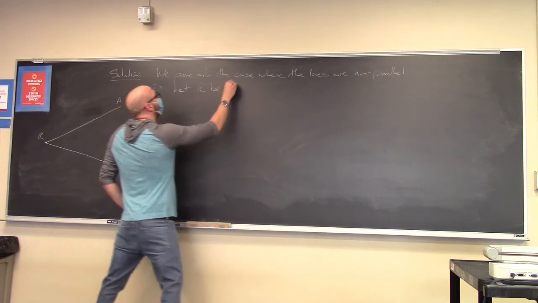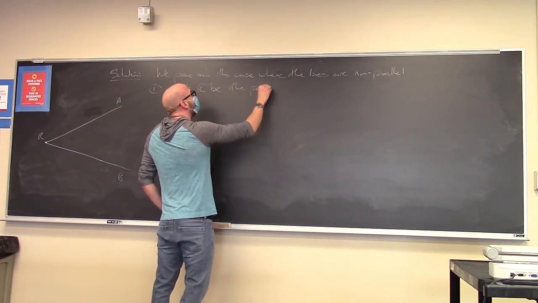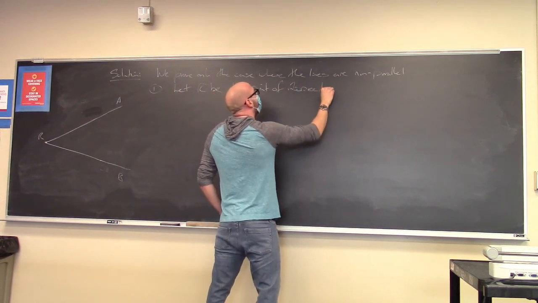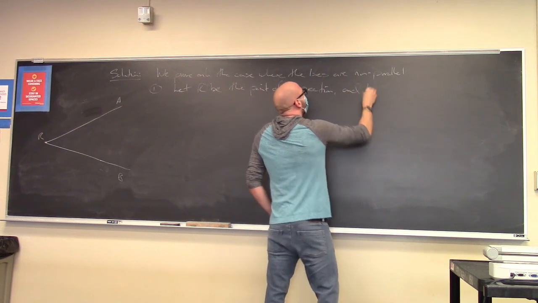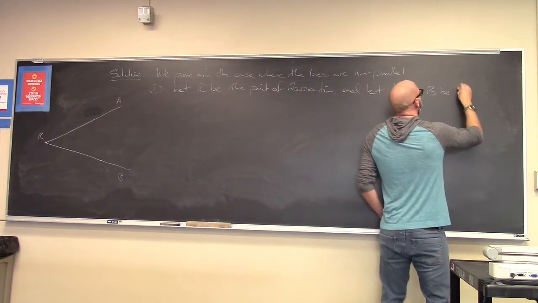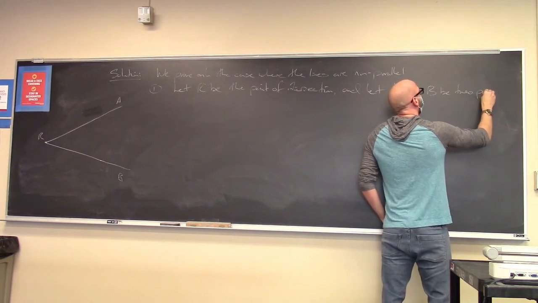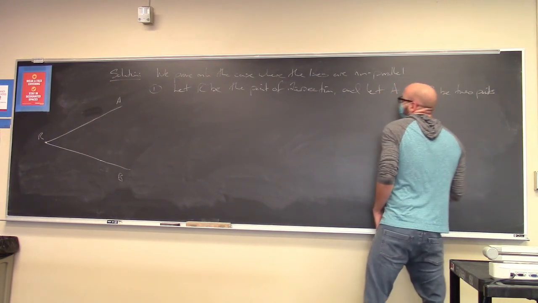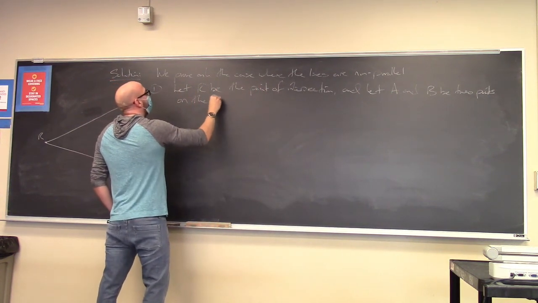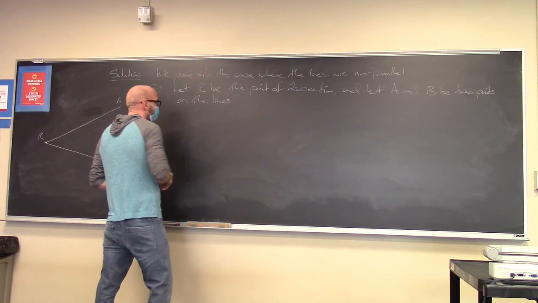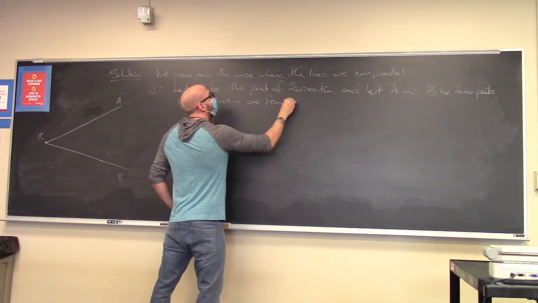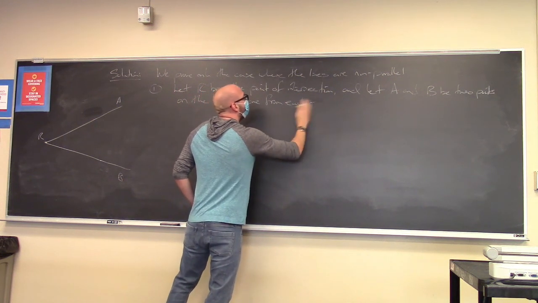Let R be the point of intersection. And let A and B be 2 points on the lines, one from each.